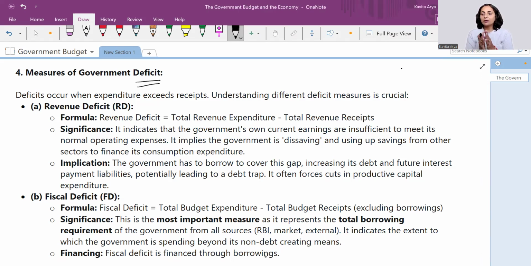Whenever I'm talking about revenue deficit, it means my routine incomes and routine expenses are not matching each other and the expenses are more than the income. For example, if I'm earning say 1 lakh rupees and my expenses are say 1 lakh 20,000, and expenses means I'm talking about the electricity, phone bills, food items, right?